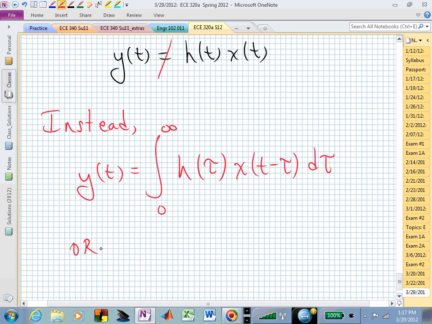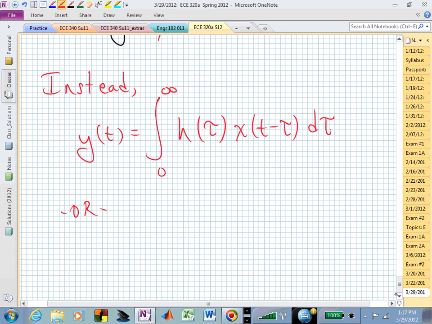This is where I want to find that one student that watched the video, but this is where we flip and slide. In this expression, x is flipped and slid.